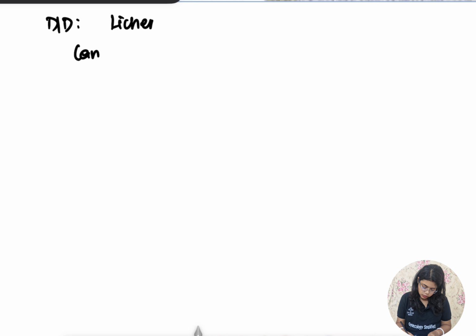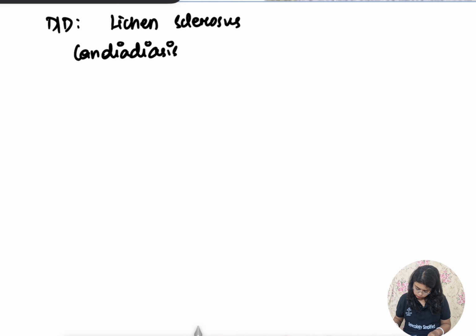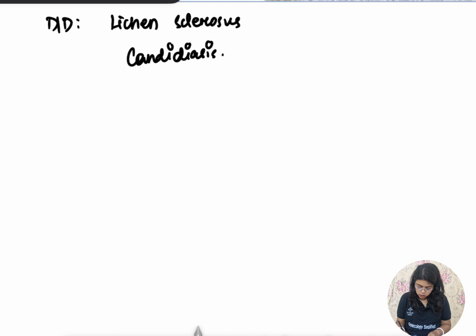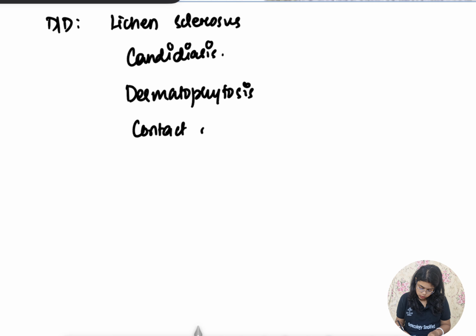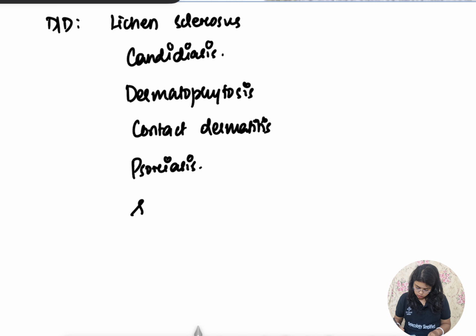First, lichen sclerosus, because it mimics Paget's disease of the vulva, and also candidiasis, dermatophytosis, contact dermatitis, and psoriasis. Also it can be seborrheic dermatitis.